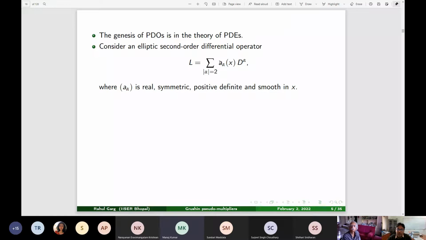For a little more words, consider once again an elliptic second order differential operator, and this time take the coefficients not necessarily to be constant, but rather depending on x. But let's impose, for a model picture, the condition that this matrix is real, symmetric, positive definite, and all of these a_alpha are smooth functions in x.